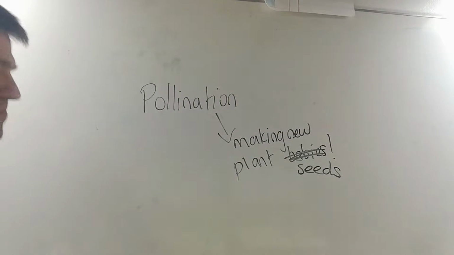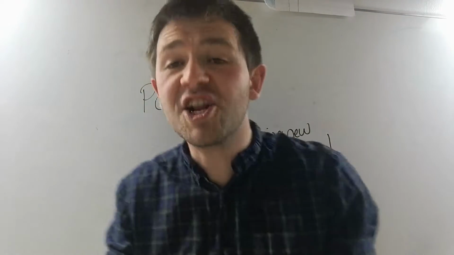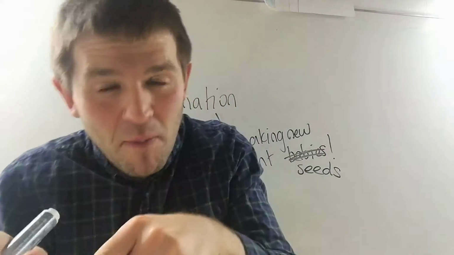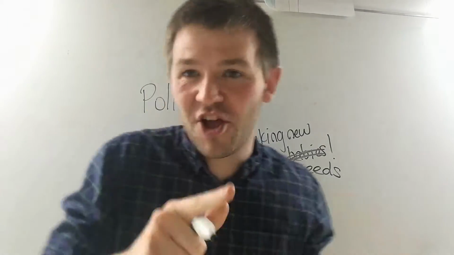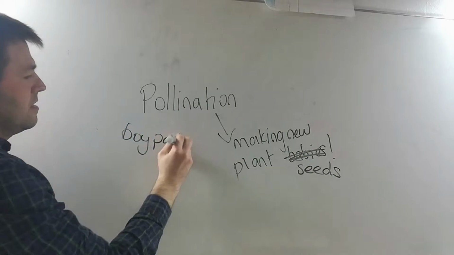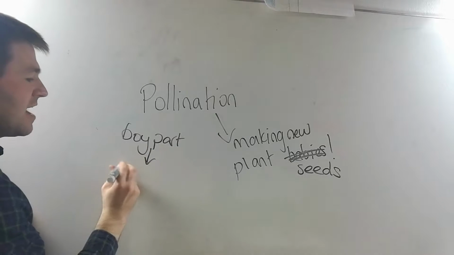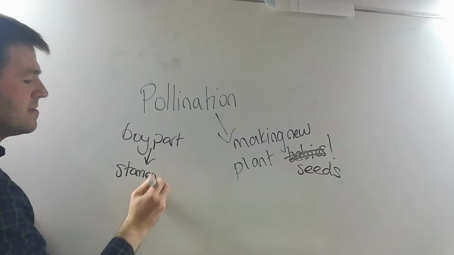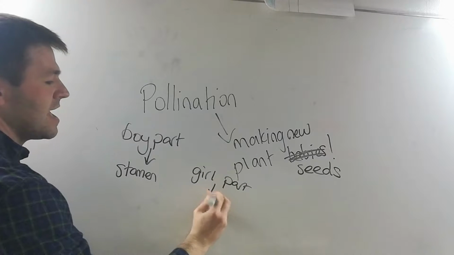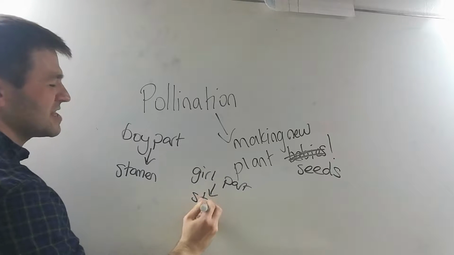more seeds. Now, pollination works because every plant is going to have a boy part and a girl part. The boy part in English is called the stamen, and the girl part is called, I think, a stigma.